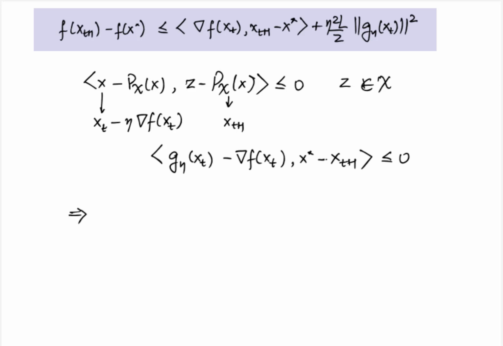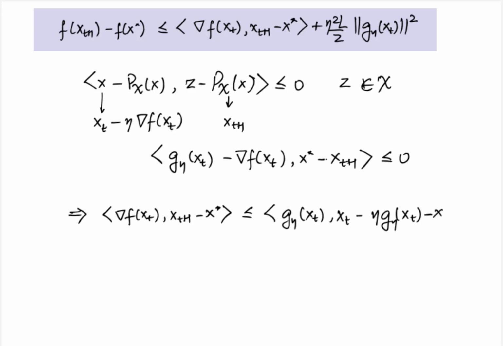This implies that we have the bound inner product of gradient f of xt plus 1 minus x star is less than equal to inner product of g eta of xt, comma, xt minus eta g eta of xt minus x star. So we can expand this inner product and write it as less than equal to inner product of g eta of xt minus x star minus eta times norm square of g eta of xt.